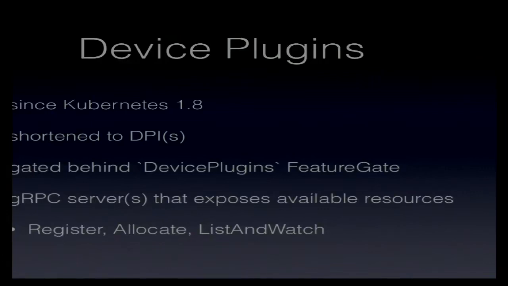It's, I guess, several months. The presentation will sometimes shorten it to DPI, but that's just a presentation implementation detail. It's still very early in alpha, and there was discussion about enabling them by default, so Kubernetes clusters wouldn't have to have the feature gate added, but it has been postponed, so it's not yet enabled by default.